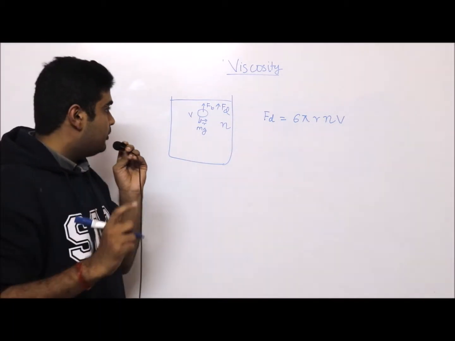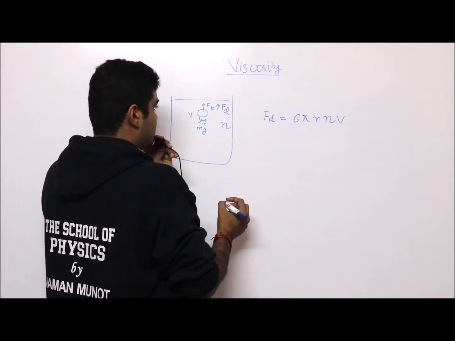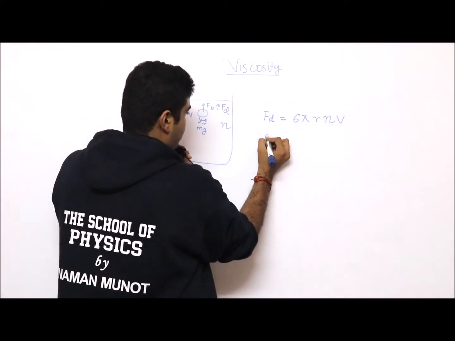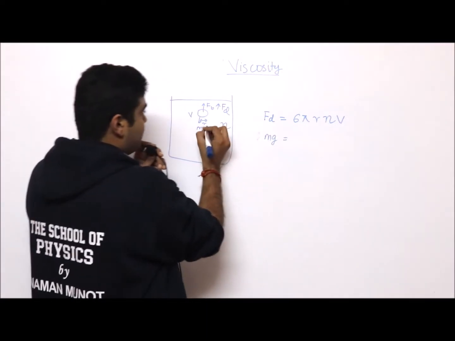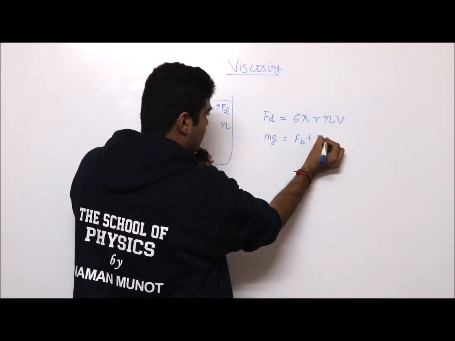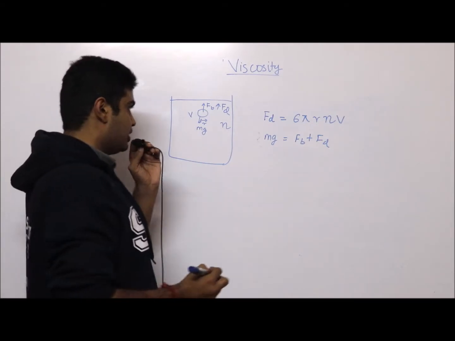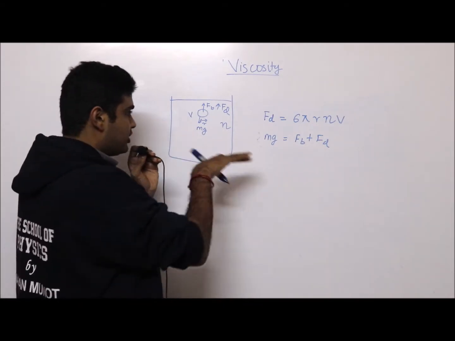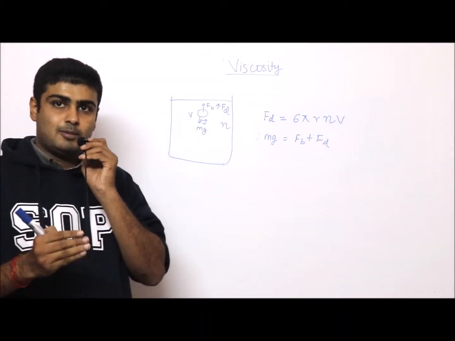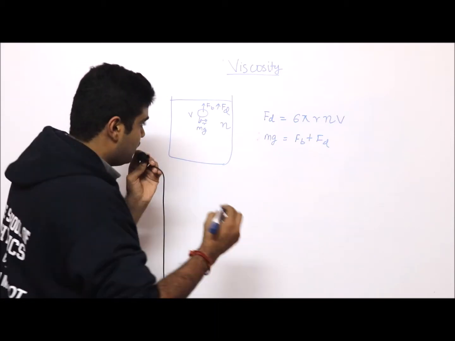Now there will come a point where the force mg, the downward force on the ball, will become equal to the force of buoyancy plus the force of drag. After this point the velocity will be constant, the maximum achievable velocity, and it will be called terminal velocity.